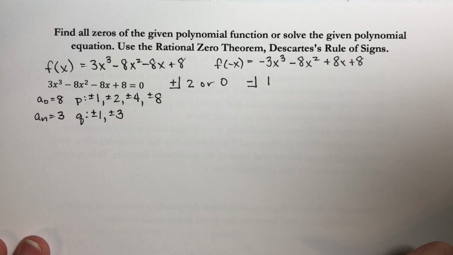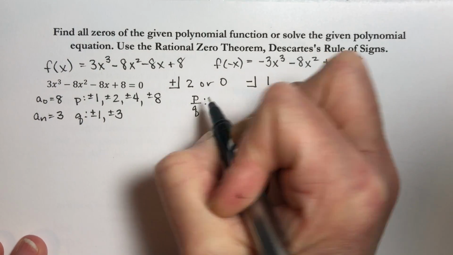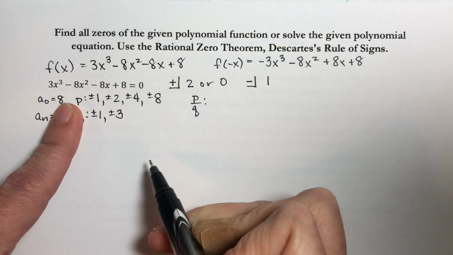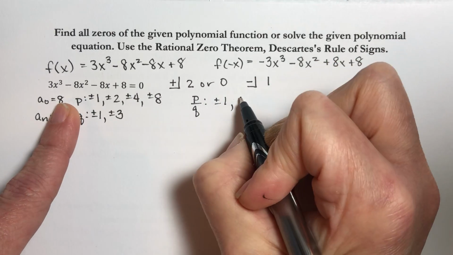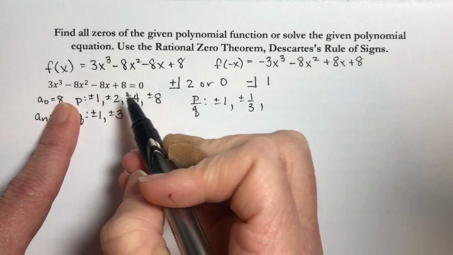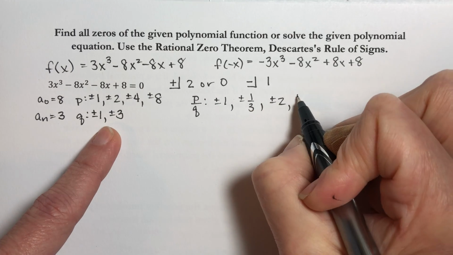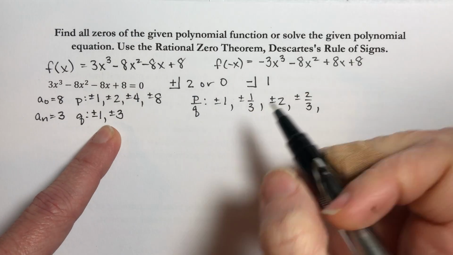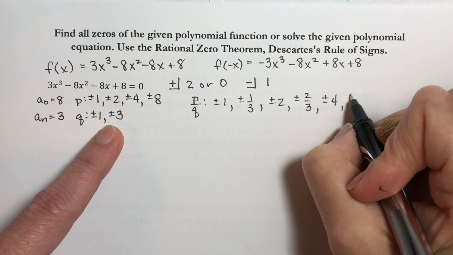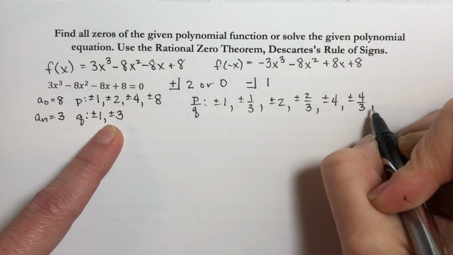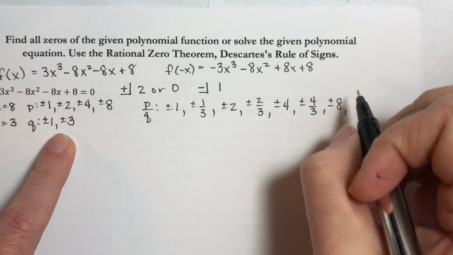So if I want to list all of my potential rational solutions, that would be all of my P over Q possibilities. Just get in a pattern and go. 1 over 1 is 1. 1 over 3 is 1/3. 2 over 1 is 2. 2 over 3 is 2/3. 4 over 1, 4 over 3. 8 over 1, and then 8 over 3.